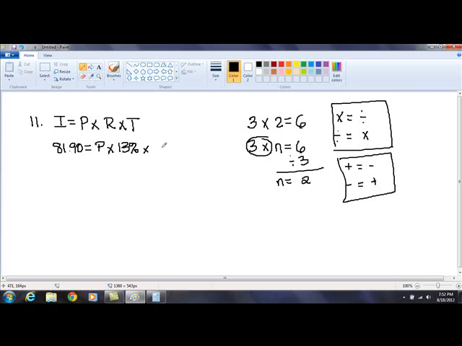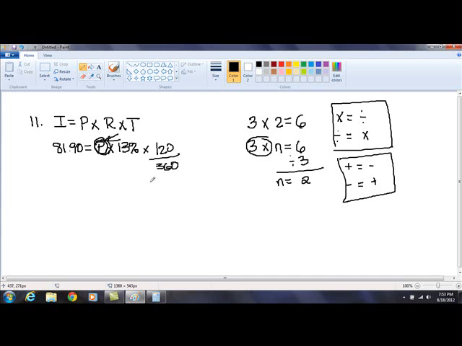My time, I know, is 120 out of 360 days. Now we've been talking about how every time we see this line, that means divided by. Okay, now let's consider the whole problem. We need to solve for P. That means we need to take everything on this side and put it on this side, leaving P by itself.